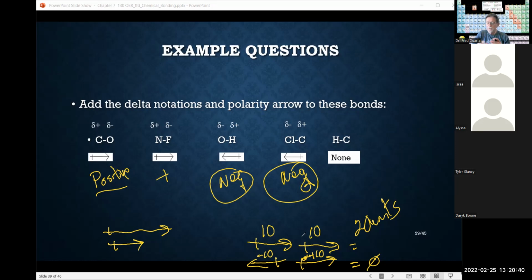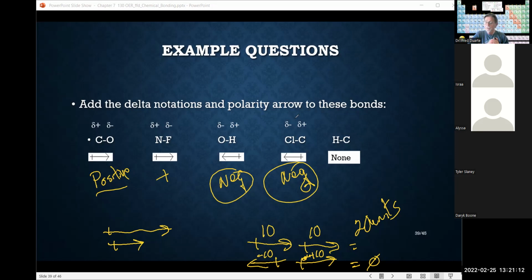So you extrapolate that information and we go into the structure. If you identify the polar bonds, and the polar bonds go in opposite directions from each other, guess what? They cancel each other out. And when polar bonds cancel each other out, the net result is that the molecule is nonpolar. If the polar bonds do not cancel each other out, the net result is the molecule is polar.